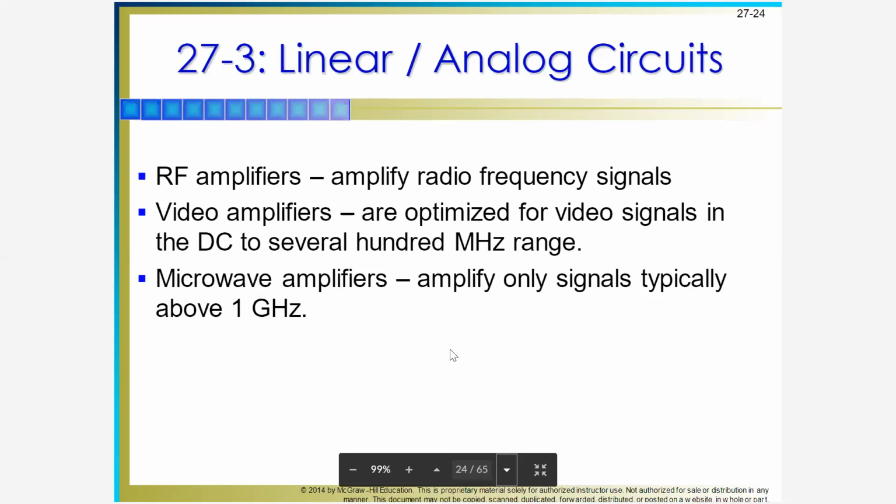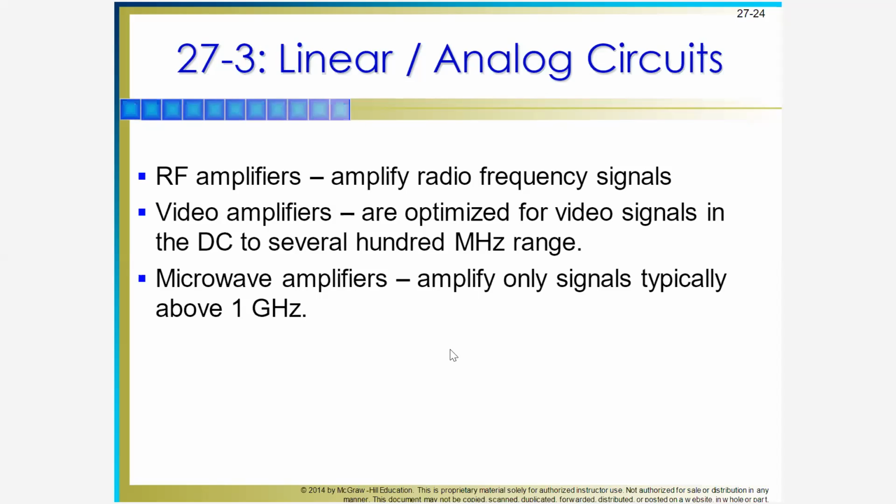Next, what is an RF amplifier? An RF amplifier amplifies radio frequency signals. As I said before, an example of an RF frequency is FM, which is in the megahertz, for example 90.7 megahertz. You use an RF amplifier to amplify that frequency.